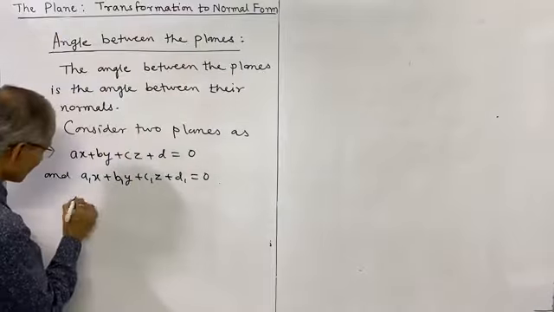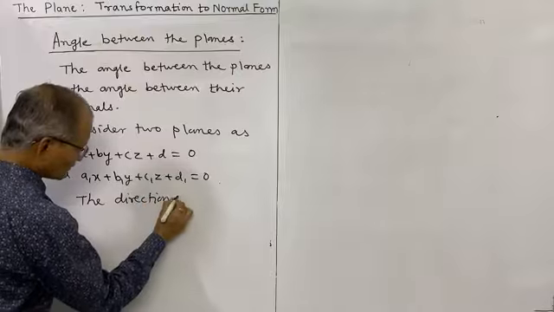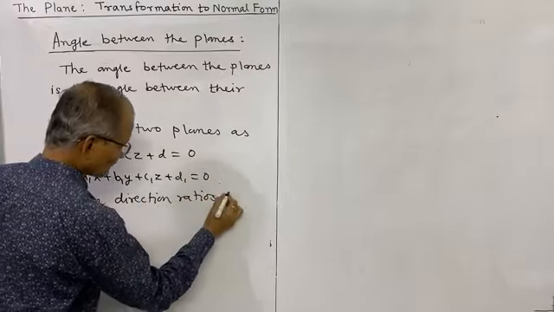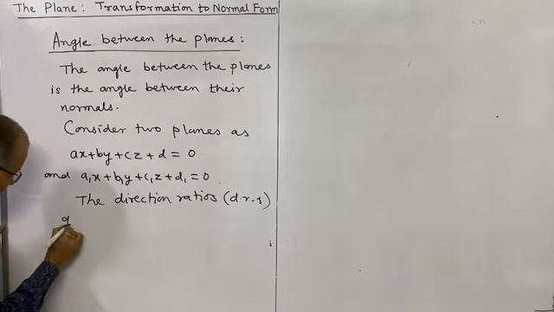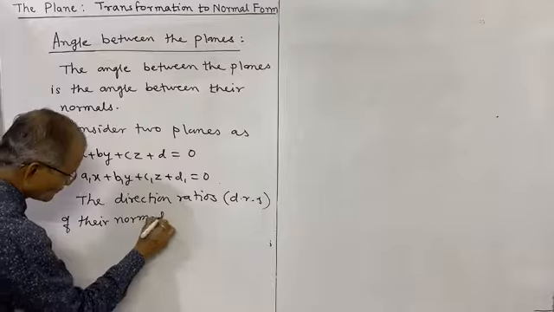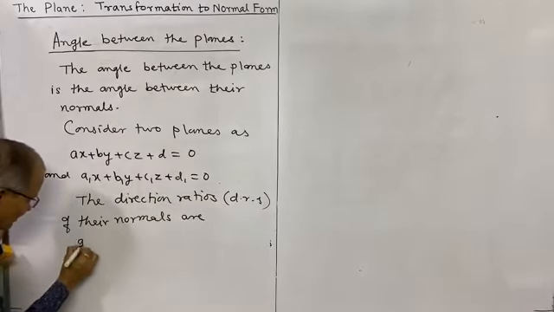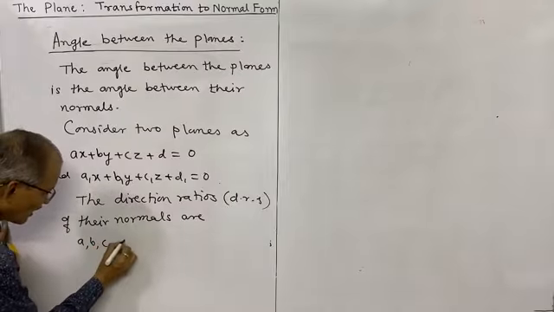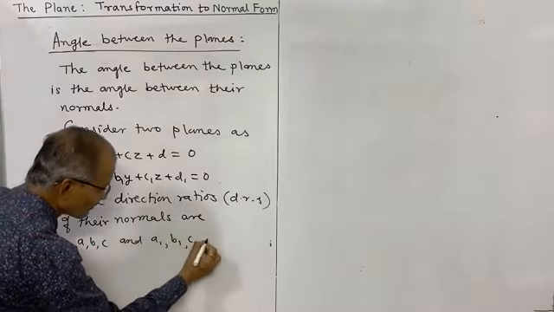The direction ratios of their normals are, for the first plane A, B, C, and for the second plane A1, B1, C1 respectively.